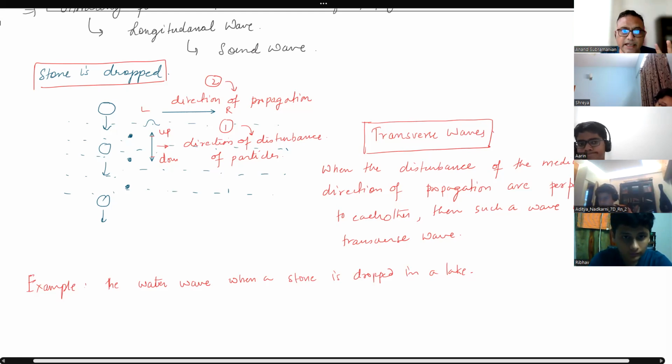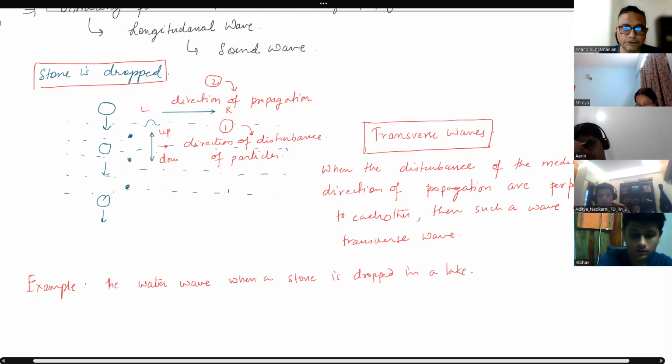But if you go inside the lake and observe the particles, like a dolphin or a fish, you can see that the water particles are jiggling up and down. So we say water particles are moving up and down, but the wave is going along the water. Such a perpendicular motion is called a transverse wave.